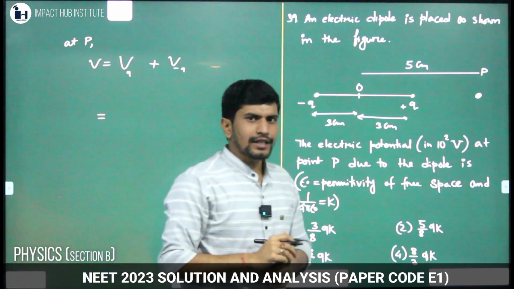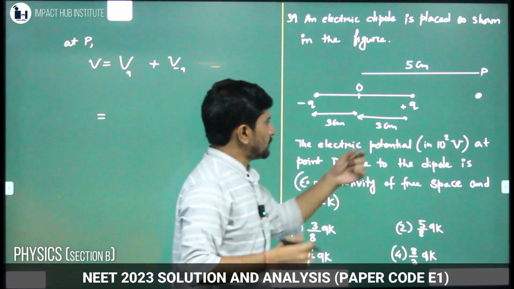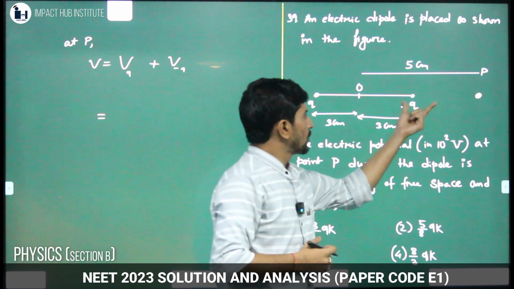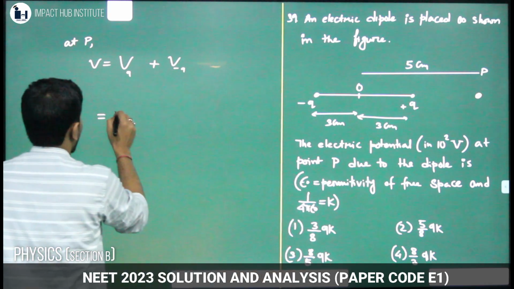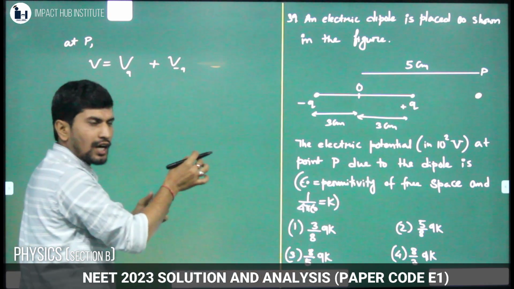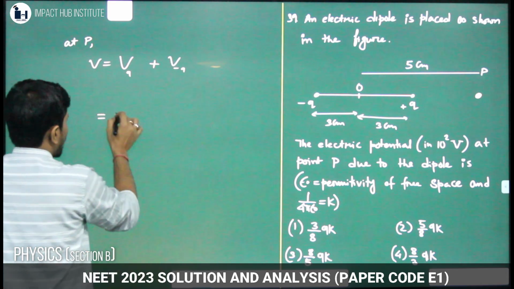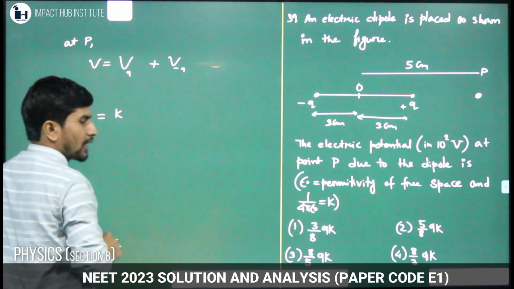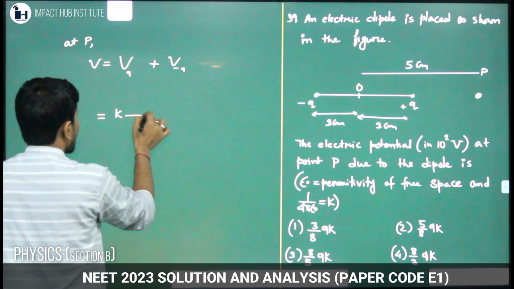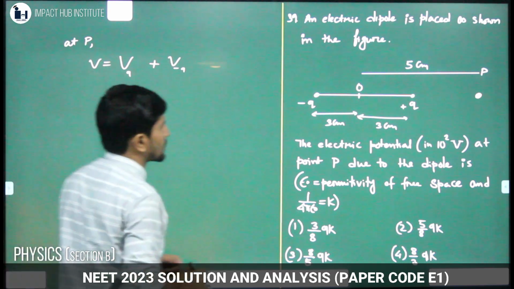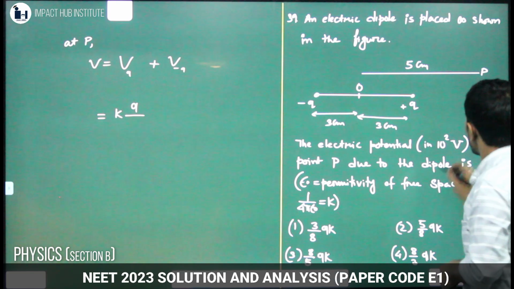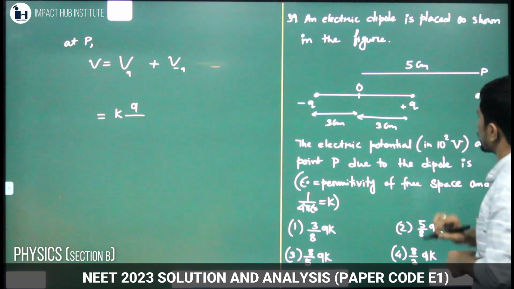The electric potential due to point charges is given by 1 by 4 pi epsilon naught, charge by distance. I will write 1 by 4 pi epsilon naught as k, and then charge divided by the distance. We are calculating the electric potential at this point.